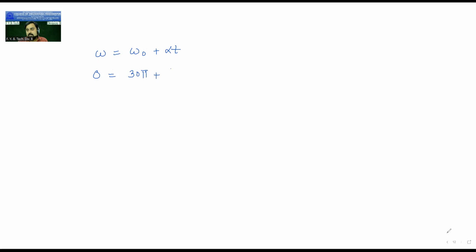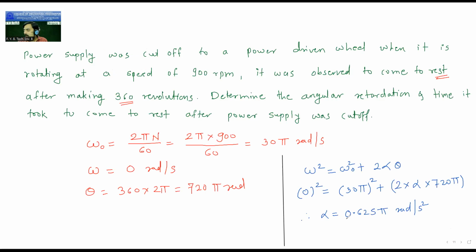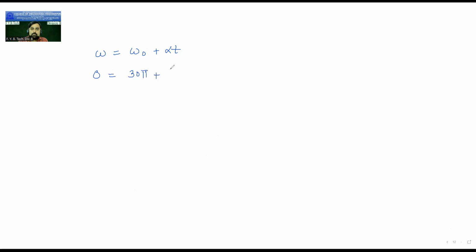If the value comes out negative, then say that it is minus. This is minus. So plus, here in the bracket, minus 0.625 pi into t. So solve it now. T is equal to 48 seconds. Please check the answer.